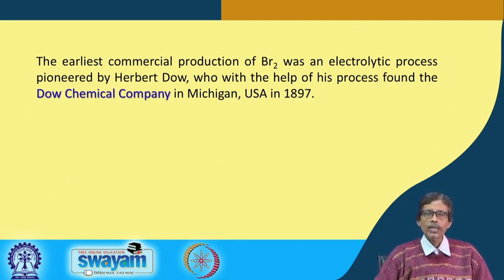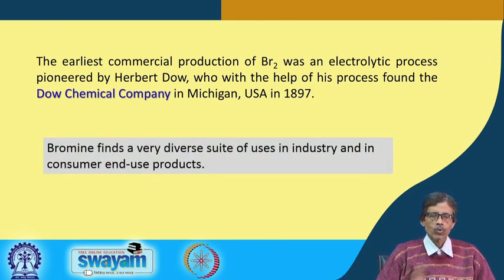So, always you see the purity will be higher if we can selectively make bromine through this electrochemical process, because the utilization of bromine is very diverse in nature. Bromine finds a very diverse suite of uses in industry and in consumer end-use products, because the consumer products we use in our day to day life can sometimes be brominated compounds.